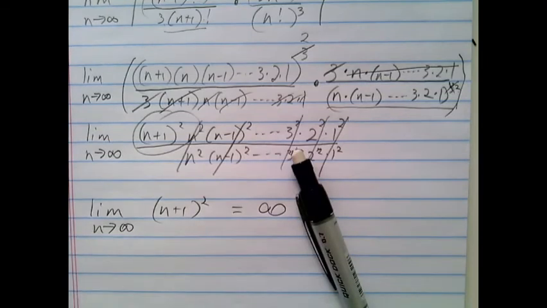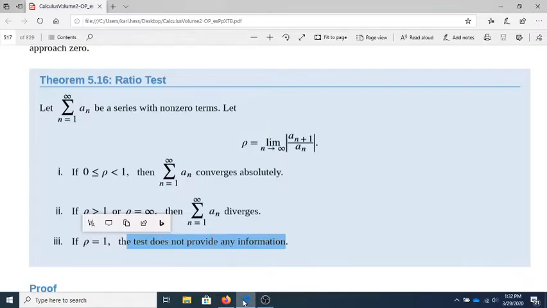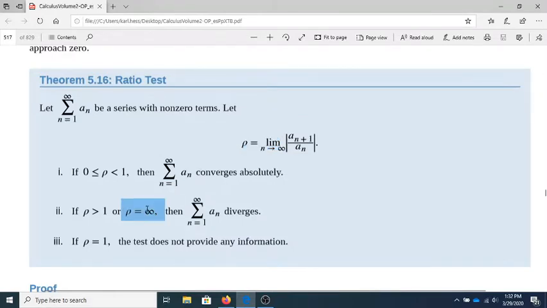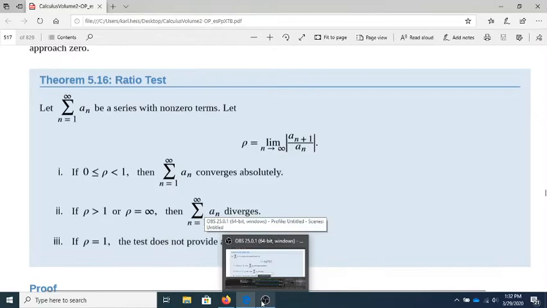Now, according to my ratio test, remember the ratio test was calling the limit rho, if my limit is greater than 1 or it's infinity, then we conclude that the series diverges.